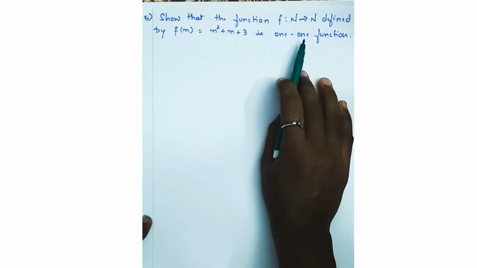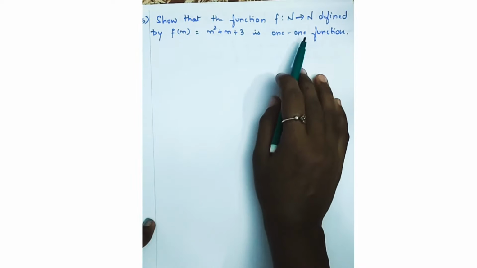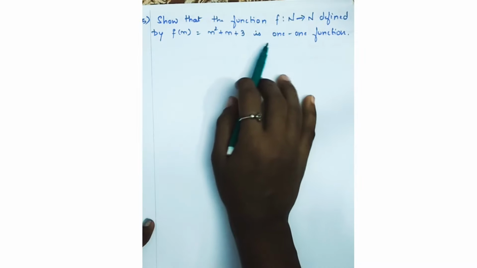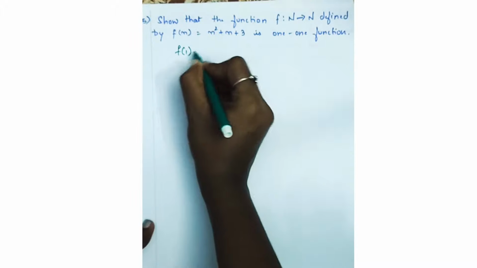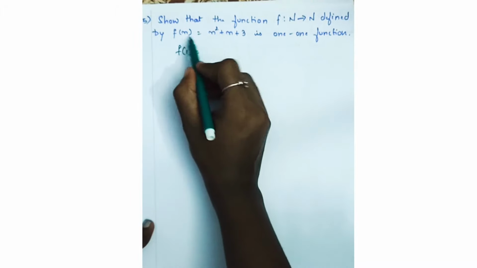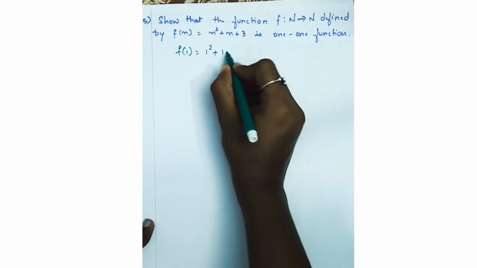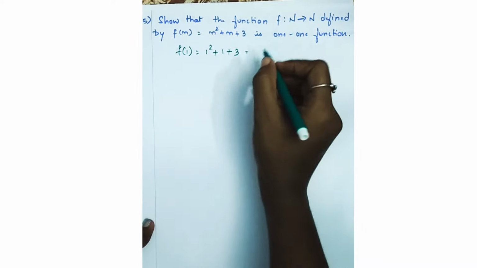For that, natural numbers means you take 1, 2, 3, 4 and substitute that in the place of m and take your f of m value. So f of 1, wherever you have m, substitute 1. So 1 square plus 1 plus 3, which is 1 plus 1 is 2, 2 plus 3 is 5.